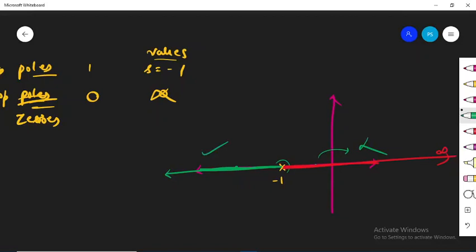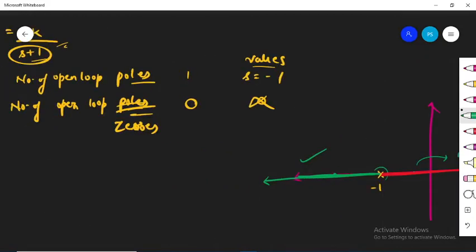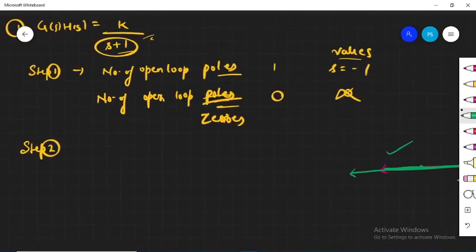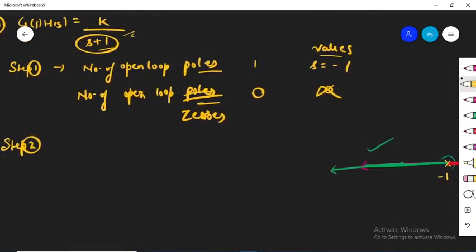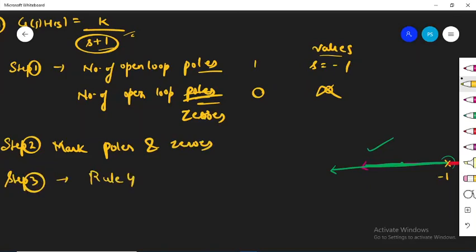So if you have marked this, then the next step: we saw step 2 is to mark poles and zeros, step 3 is to apply rule 4. Okay, step 4 should be to determine how much p minus z comes out.